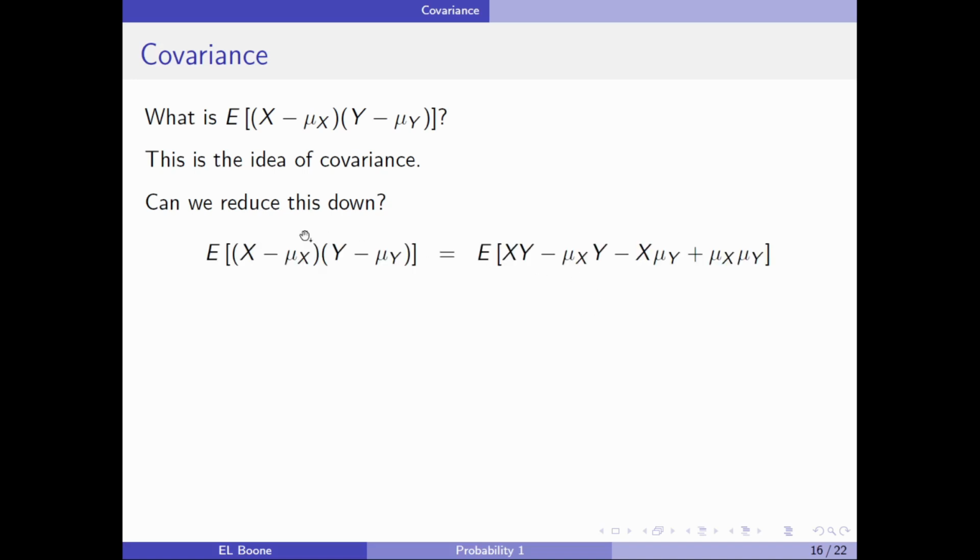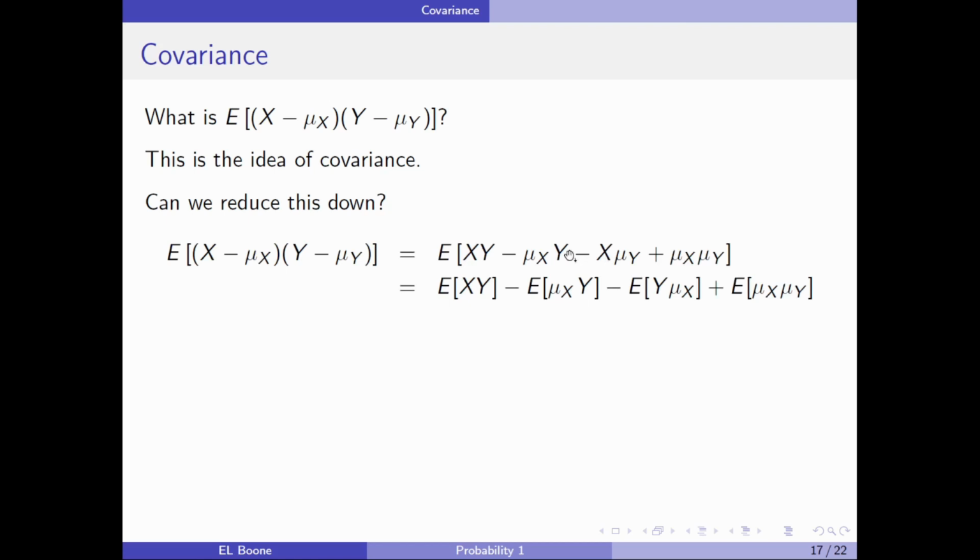All right, so if I take this right here and expand it out, that's all I did, expand it out with the FOIL method. Then run the expected value through this because it's a linear operator. Then I realized that this is a constant and this is a constant, so we pull those constants out. And I noticed that this whole thing here is a constant, right?